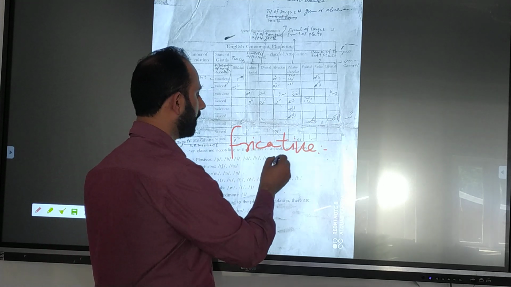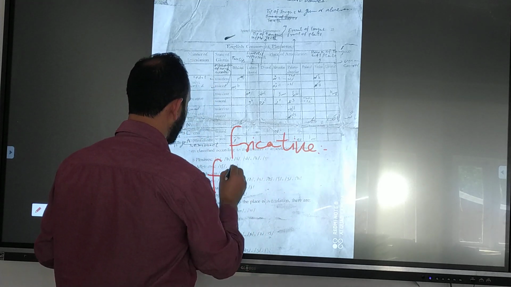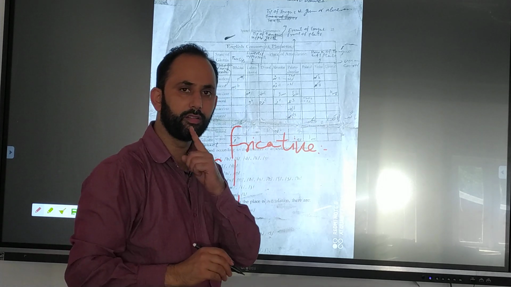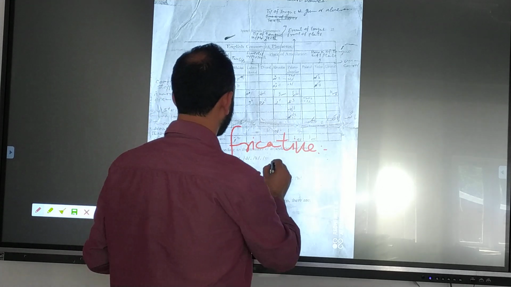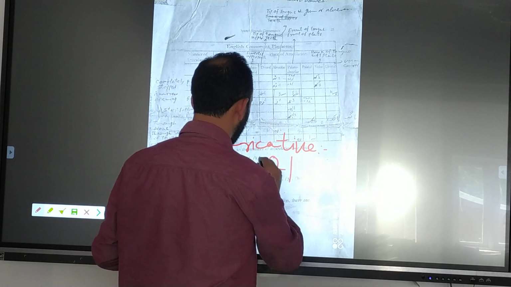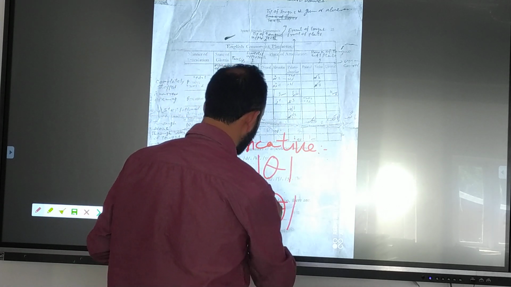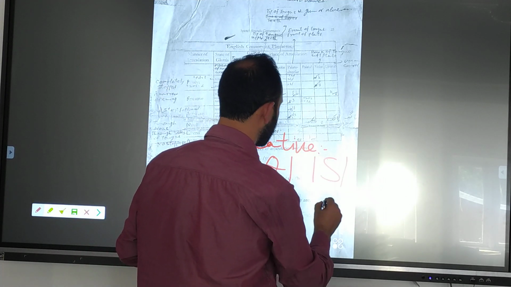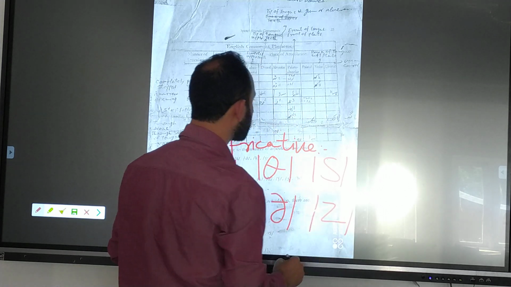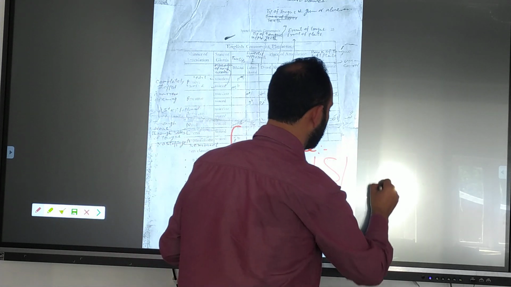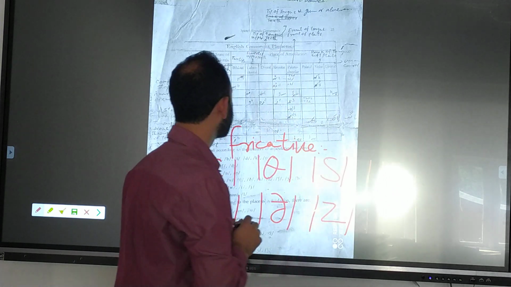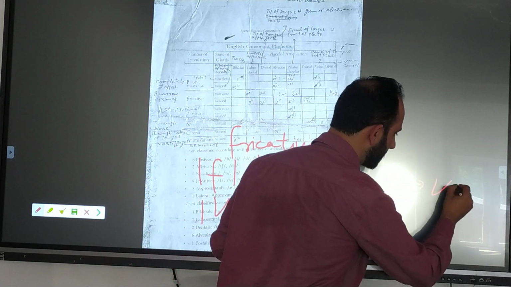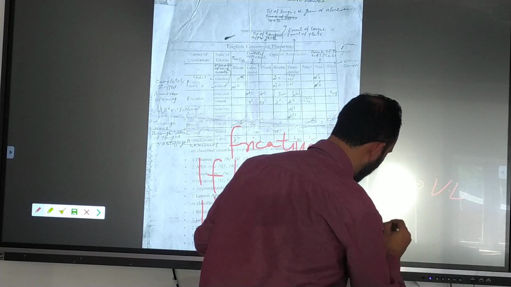For example, the sounds are fo, vo, fo, vo, tho, and this is dho, tho, dho. And this is so, and this is zo, and ho.